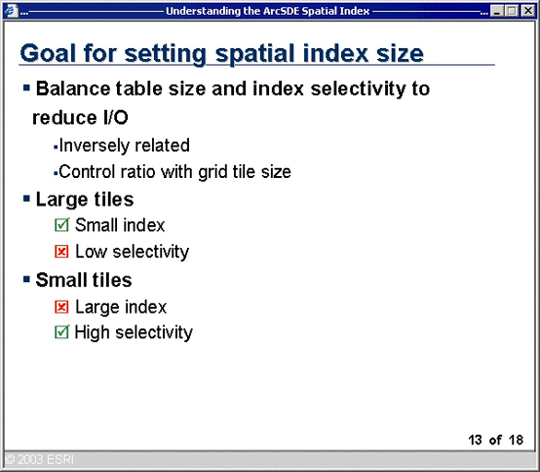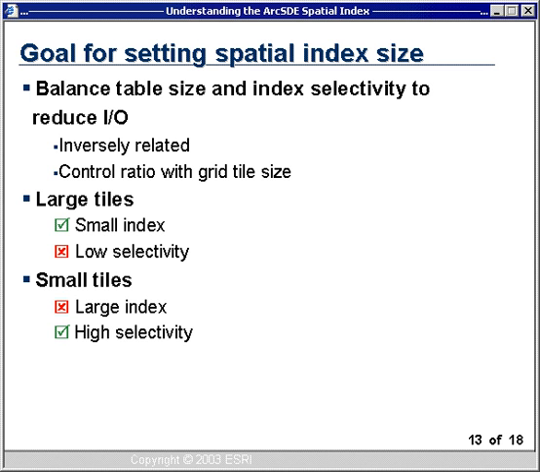So as a rule of thumb, larger tiles, meaning you can have more features that fall completely within a single tile, are going to keep the size of your spatial index table manageable, because you're not going to have a huge number of records that all point to the same feature. But the larger the tiles, the less selective your index is going to be, and the more envelope-on-envelope queries are going to need to be done to reduce the amount of data that gets passed to ArcSDE.